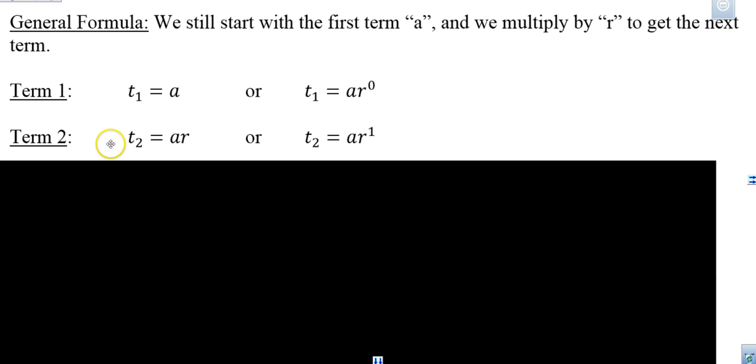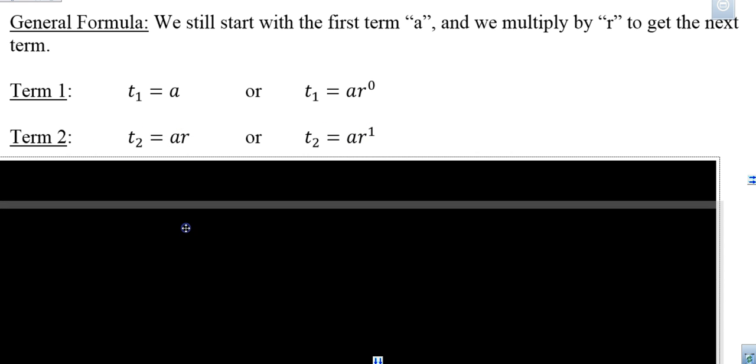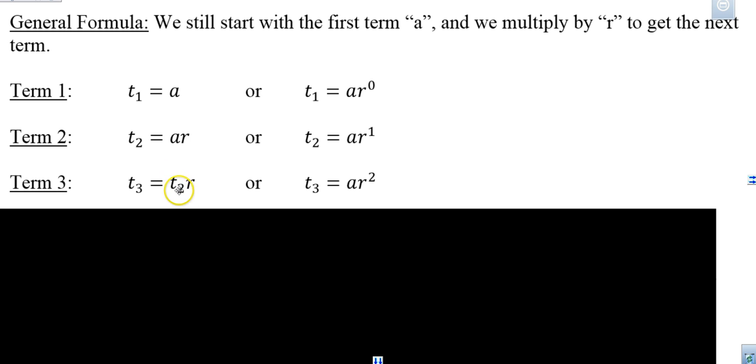So now if I want to figure out term number 3, I would then take term number 2, the previous term, and multiply it by r again. Now term 2, remember, is a times r, so if you can imagine a times r here in the place of term 2, we're now multiplying it by r again, which will give me an exponent of 2 on r.